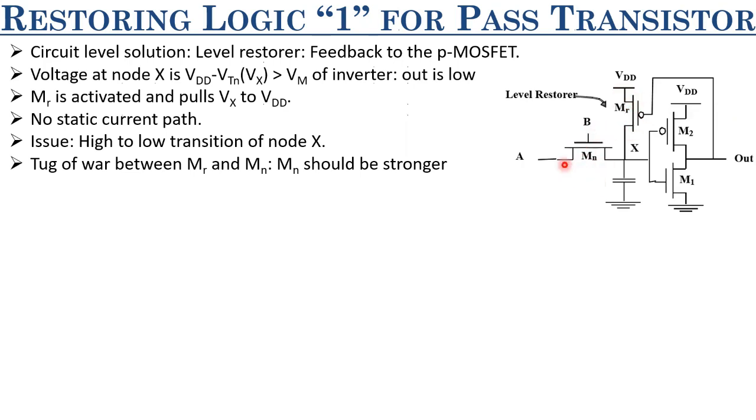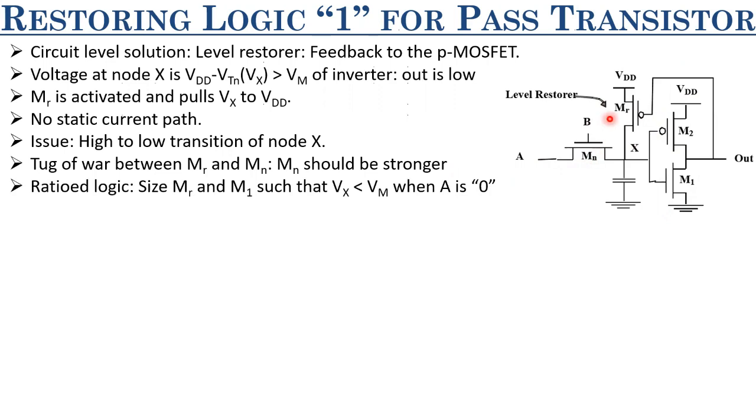Only if the pulling strength of Mn is higher as compared to Mr, the voltage of this node Vx will be pulled more towards the ground, below the Vm of this inverter, and this output will turn 1 and turn off this Mr. So that is pretty important, right? So now the sizing constraint is that we have to size these Mr and Mn such that Vx is less than Vm when A is equal to 0. It should be Mn actually.